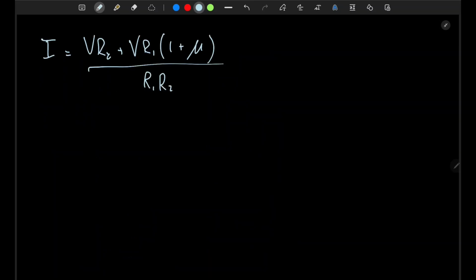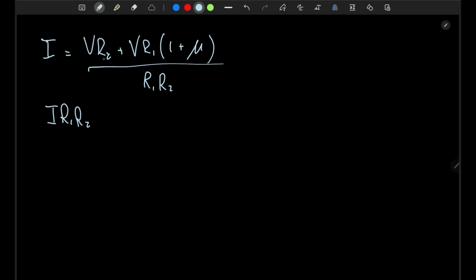And another equation here where we are going to be solving for mu. We can look at this and get the bottom done with, where we can take that R1, R2 and move it up diagonally. So we have I, R1, R2, and then that bottom is going to be gone.